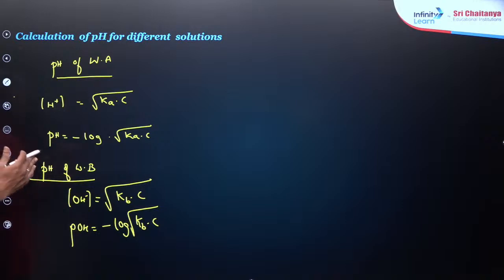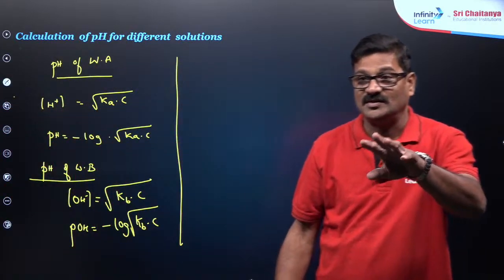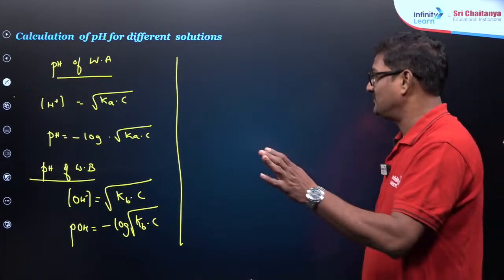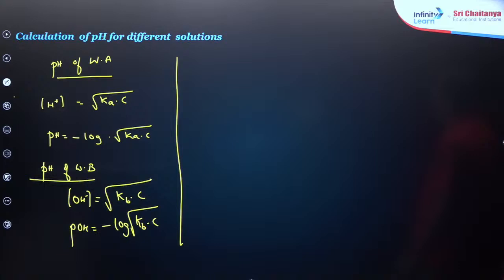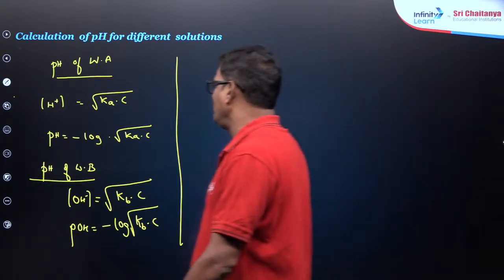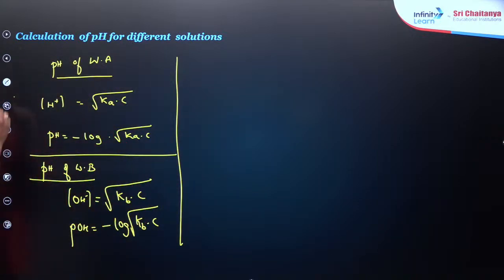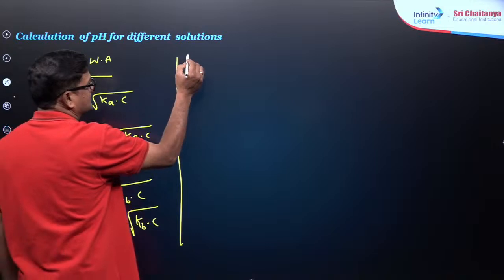Okay. Now, my question is, if you mix a strong acid and a strong base, and a weak acid and weak base, and weak acid with weak base. Got my point? So there we are going to see a lot more things. Mixture of weak acids.